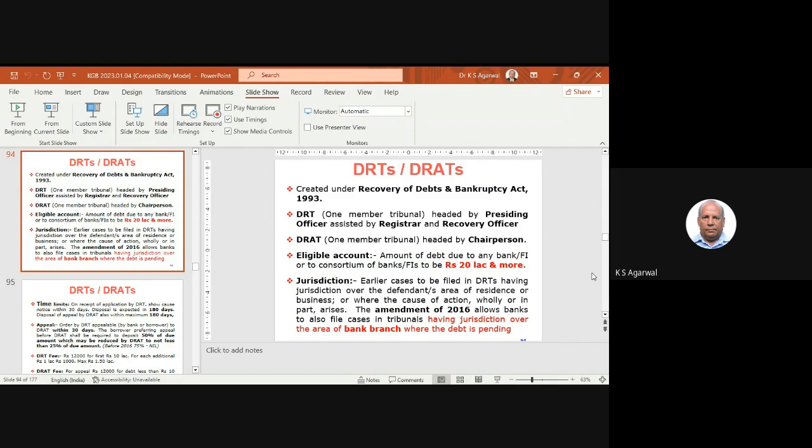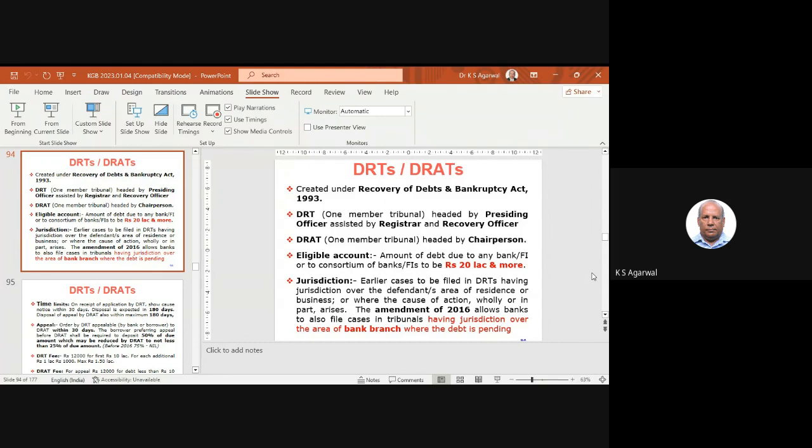Whenever my dues are 20 lakh and more, I have to file my recovery suit in DRT, and that recovery suit is known as original application, OA. And where can I file? Suppose your Kerala Grameen Bank Kochi branch has given loan, and the borrower is also in Kochi, so it has to be filed in DRT Kochi.